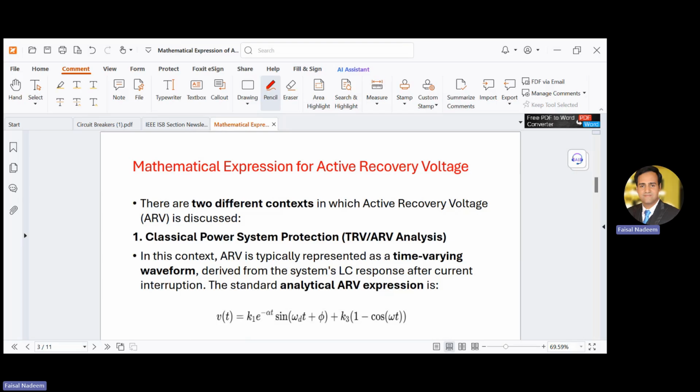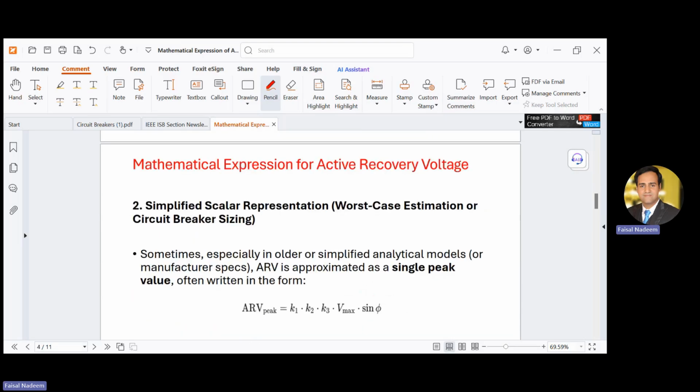The other context, usually known as the simplified scalar representation, is used in older systems or by the vendors or manufacturers of power system or protection equipment. It is a simplified analytical model for finding the active recovery voltage, because it is based on approximation as a single peak value.